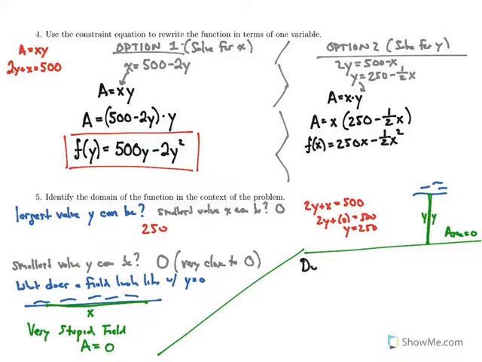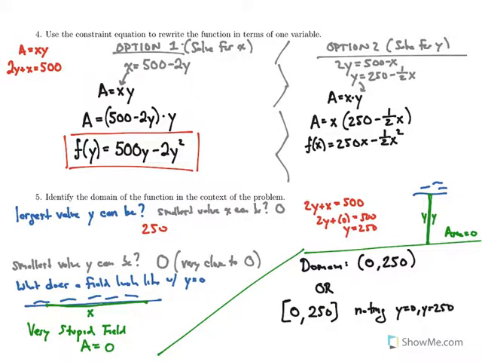We have our domain for y is going to be parentheses 0 to 250, or we have bracket 0 to 250, noting that y equals 0 and y equals 250 give a stupid field of area equal to 0.